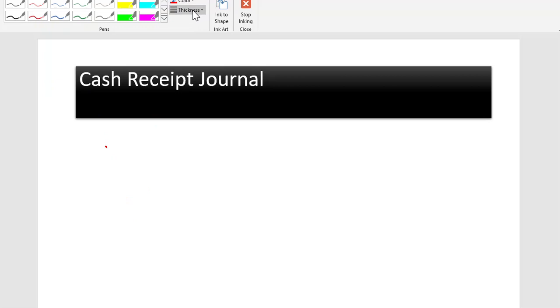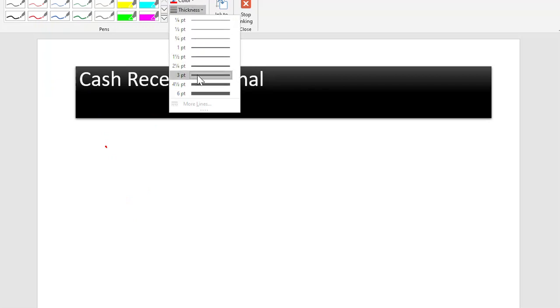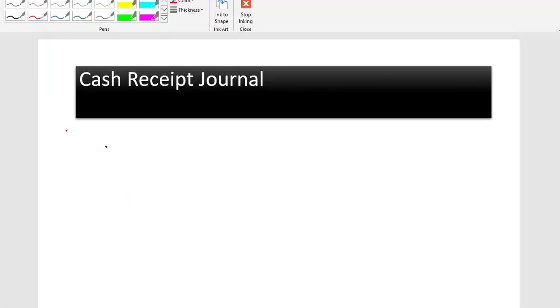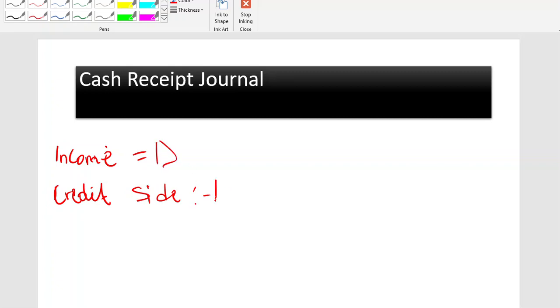Now here we are having income here. These are the daily income that we receive as a business, and these money are recorded on the credit side of the bank statement. On the credit side of the bank statement.